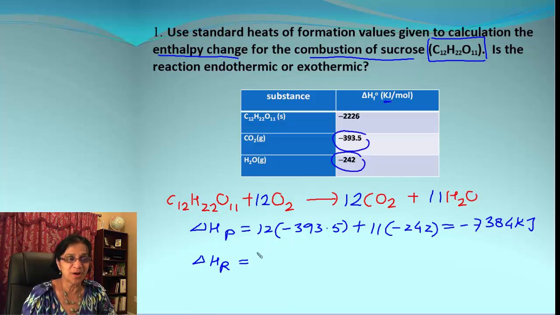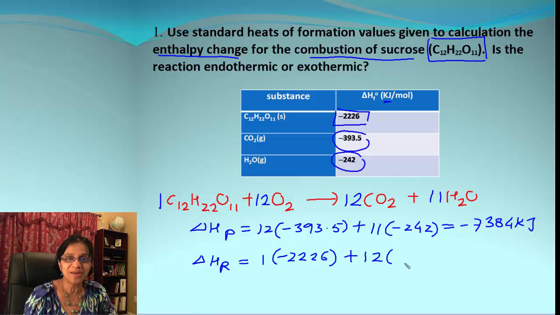We repeat the same process for the reactants. There is no coefficient with sucrose, that means it is 1. So 1 times whatever is the delta H for formation, we multiply those two values. And the next one which we find is oxygen. And if oxygen is in natural standard state, the heat of formation will always be 0. So it is 12 times 0.